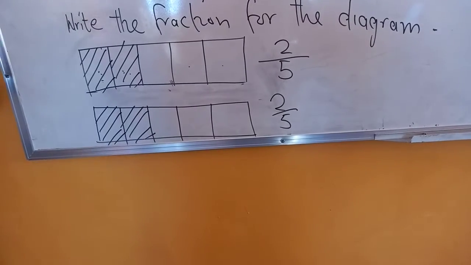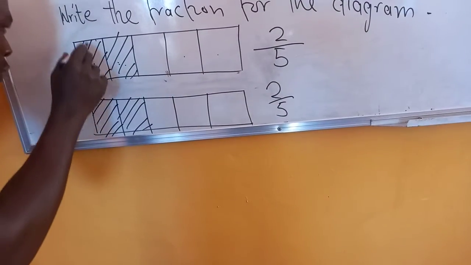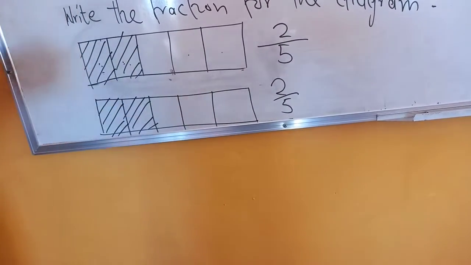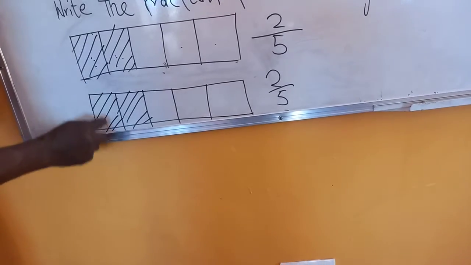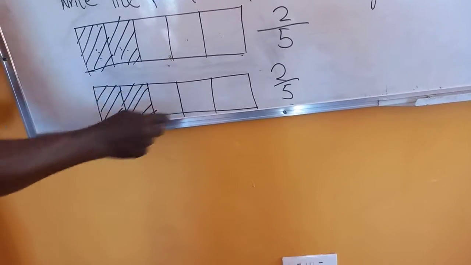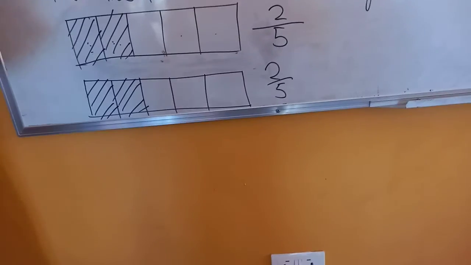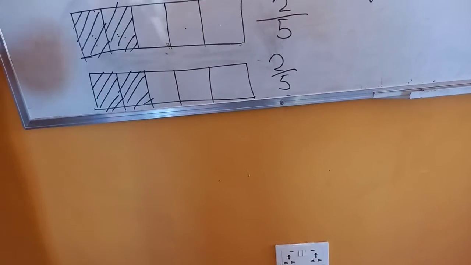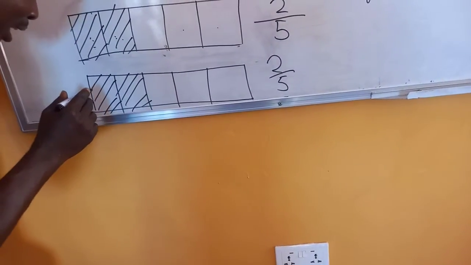Let's see something. I'm going to divide this into 2 equal parts again. So I'm dividing this one into 2 equal parts, and that one into 2 equal parts, so that you can count it. So let me divide it again.